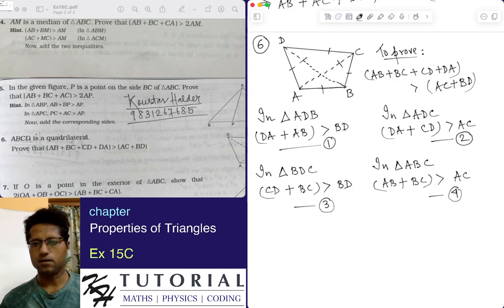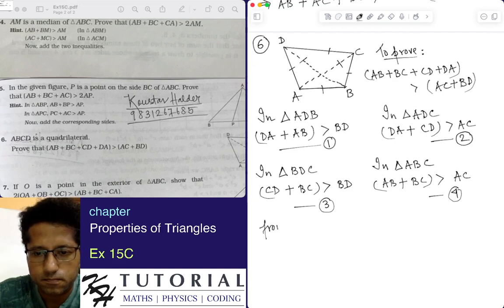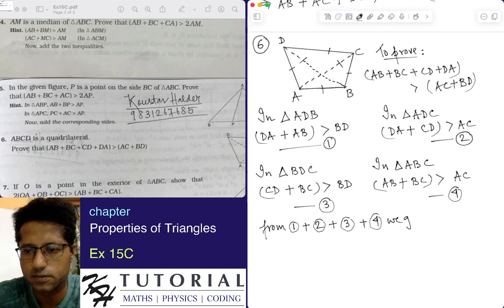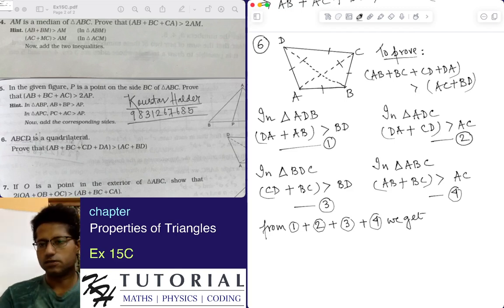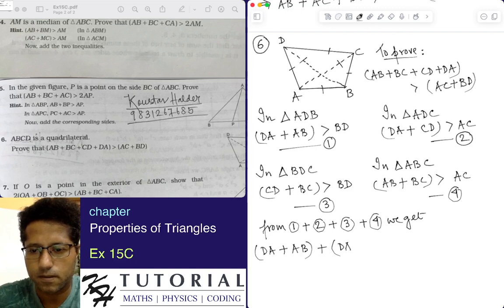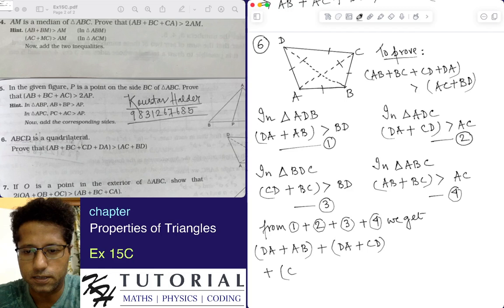Now if we add the four inequalities, 1 plus 2 plus 3 plus 4, on the right hand side we will get 2 times BD plus AC. After adding the left hand sides, we get DA plus AB from the first inequality, DA plus CD from the second, CD plus BC from the third, and AB plus BC from the fourth.